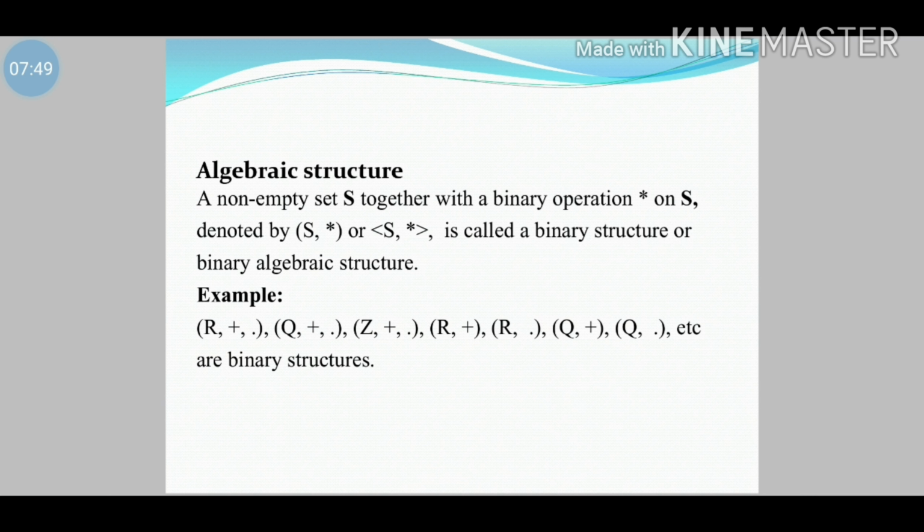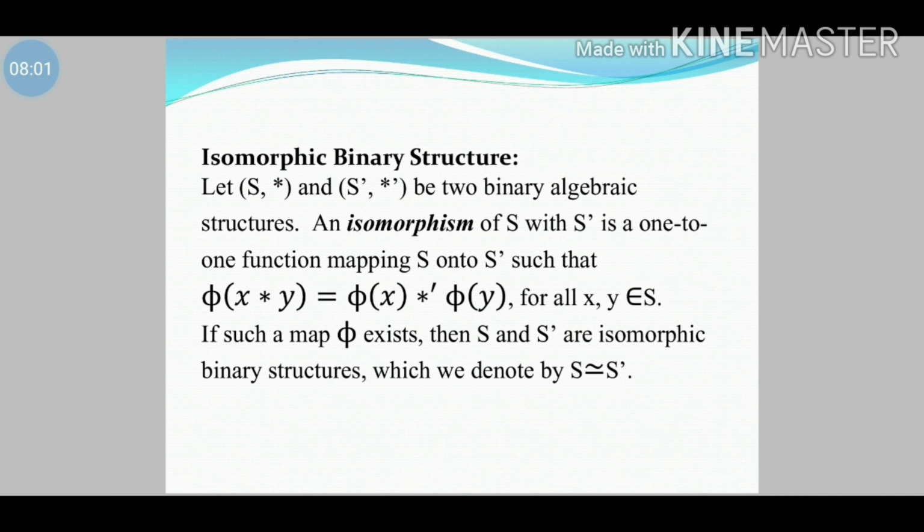Two binary structures are said to be isomorphic. Here we consider S star and S dash star dash. It satisfies the following properties. There is an isomorphism from S to S dash which is one-one and onto, and which satisfies the homomorphism property. That is, let S star and S dash star dash be two binary structures.